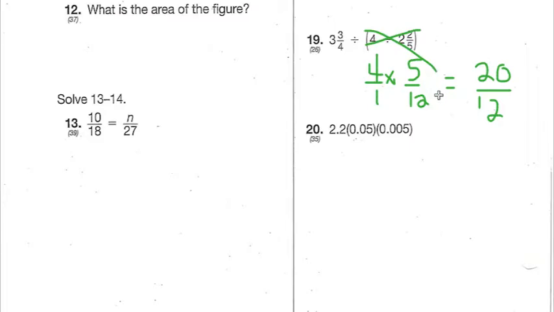Goodbye. So then we take 3 and 3/4 divided by this. Well, luckily we already have this as a fraction, so instead of dividing by this, we're going to multiply by its inverse, times 12 over 20.